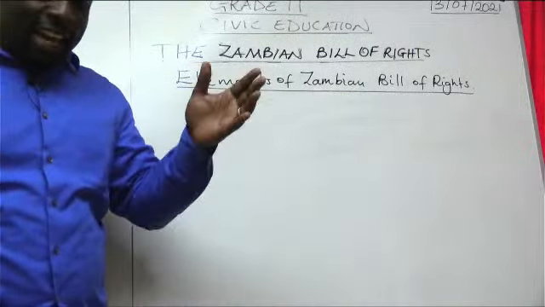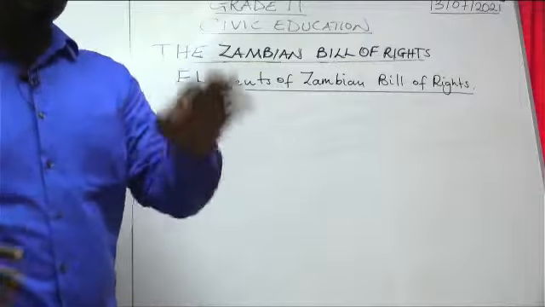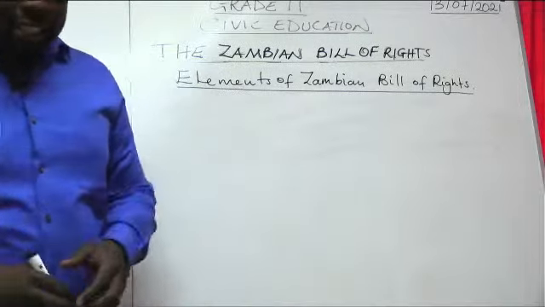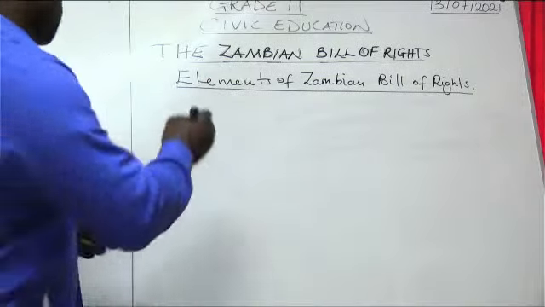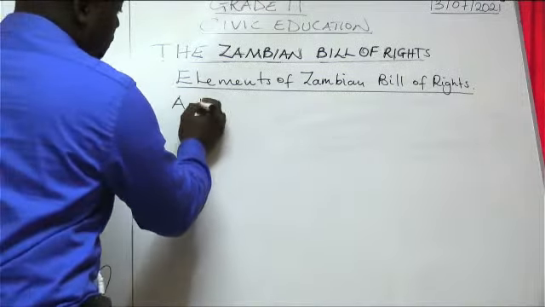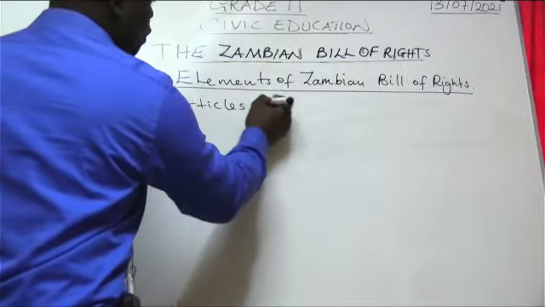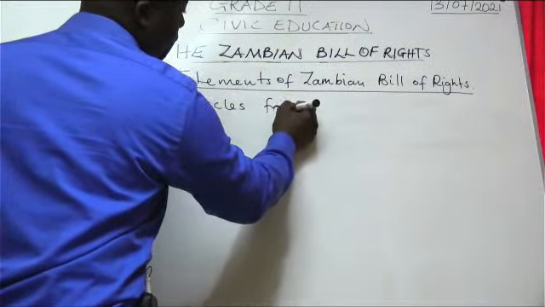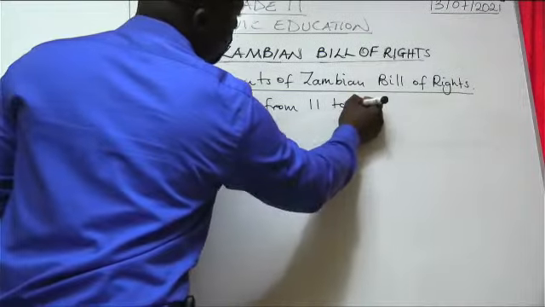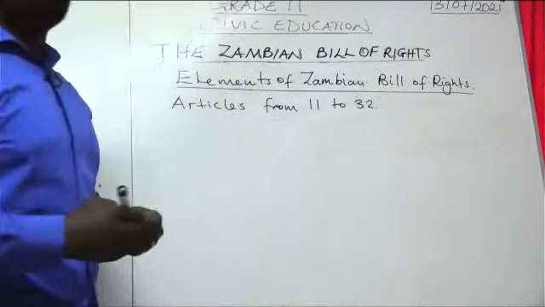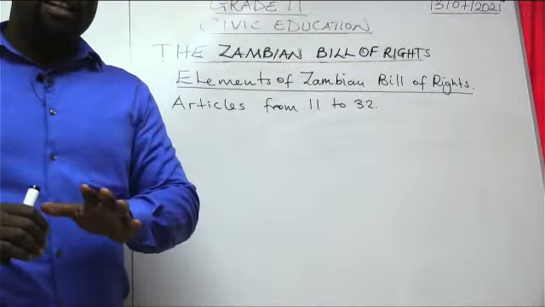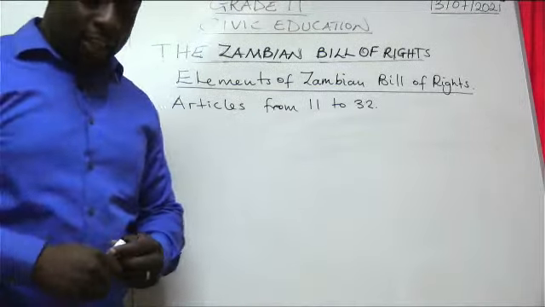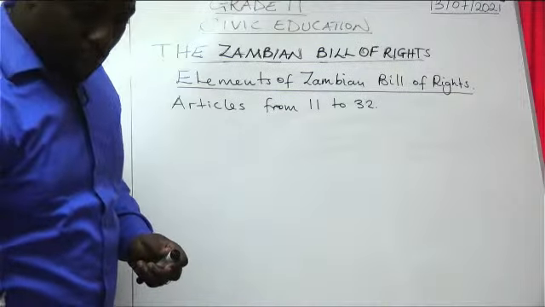We are saying that the current Bill of Rights forms Part 3 of the 1996 Constitution, which has got articles from what? Articles from 11 to 32. So we might not finish everything today, but where we end, we'll continue in the next lesson. But let's start. Are we together?